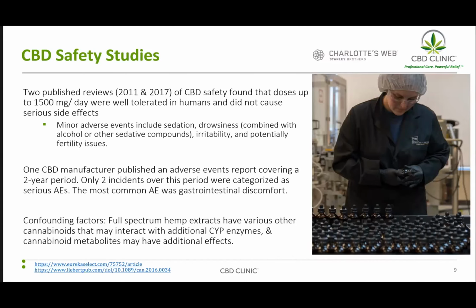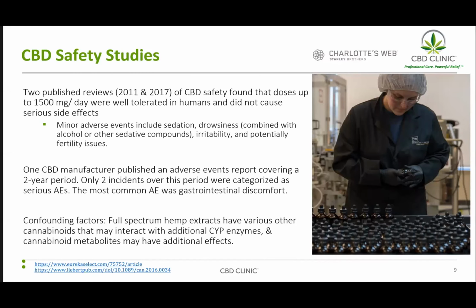Some of the minor adverse events that people may experience with CBD could be sedation, some drowsiness, especially if it's combined with other sedative compounds like alcohol or medications. Also could cause irritability. And there's some potential for fertility issues that have been kind of out there that are still being explored. And so they're doing more research on that as well.